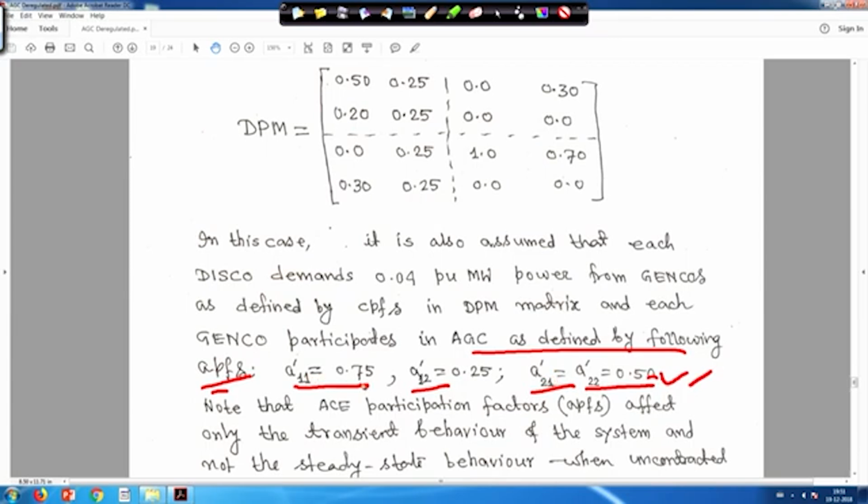As A11 dash is 0.75, in area 1 the input signal is U1.